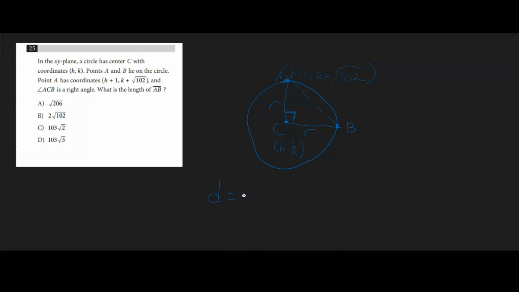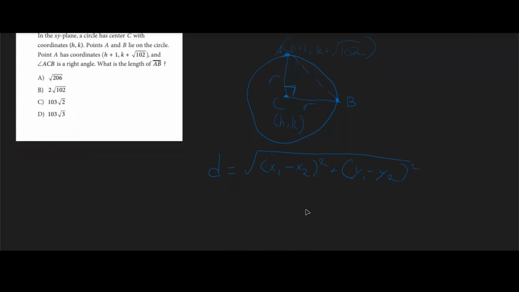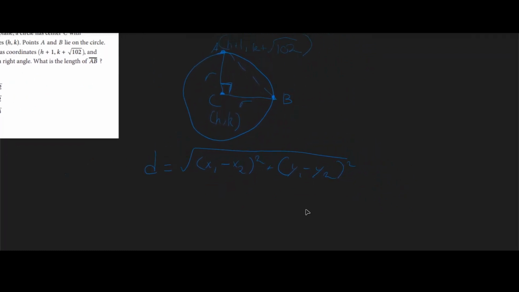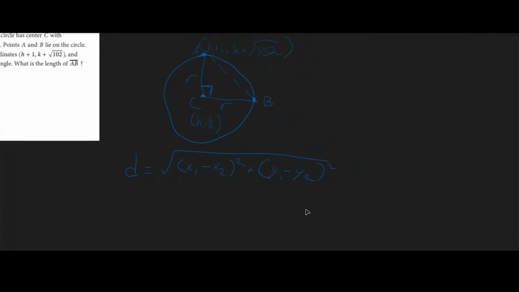The distance formula is equal to the square root of (x1 minus x2) squared plus (y1 minus y2) squared. You can find a proof on the internet if you are interested in how to derive that formula, but this is as far as we'll get into it for this video.